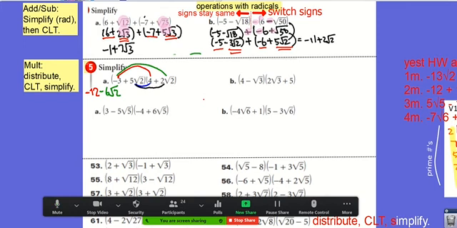Blue becomes 20 root 2. And black becomes plus 5 root 4.